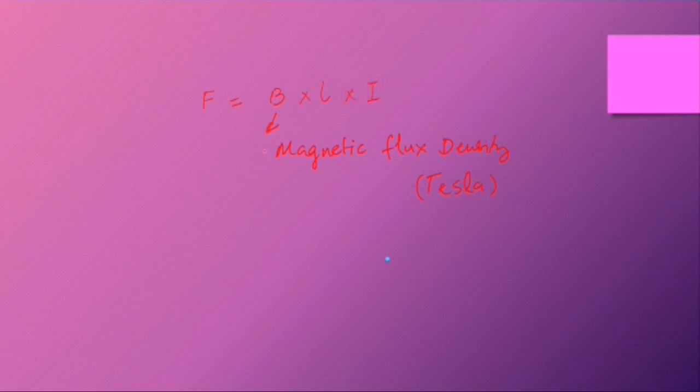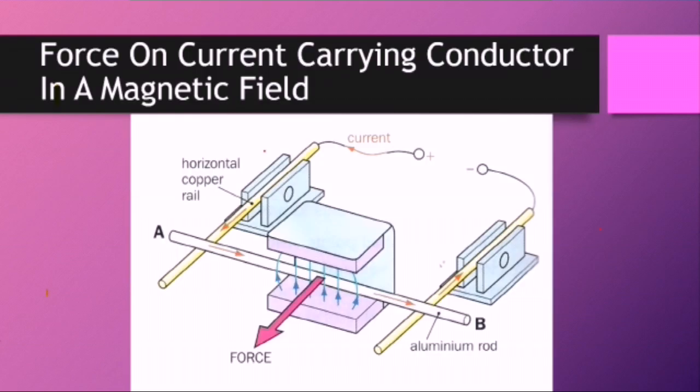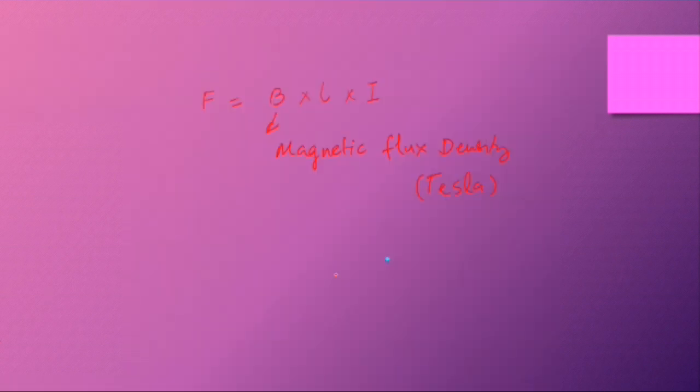Now obviously we have seen that these three, force, current and magnetic field, are mutually perpendicular to each other. And we will also see in the next slides how this force depends upon angle theta as well, which is the angle between magnetic field lines and current.